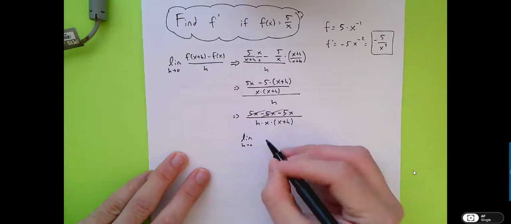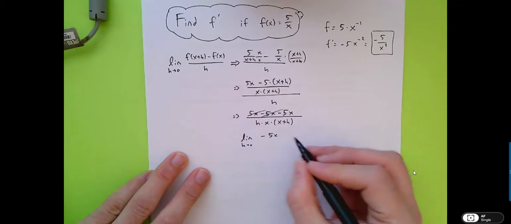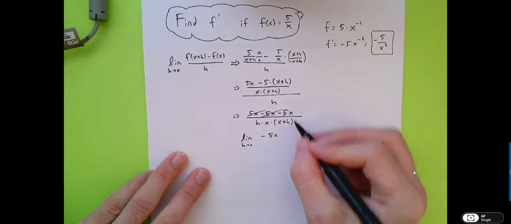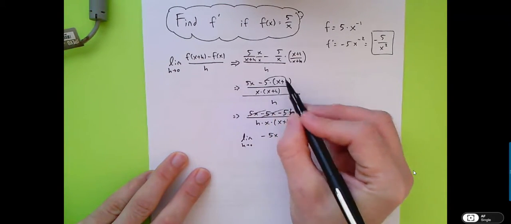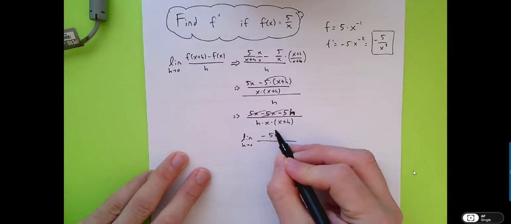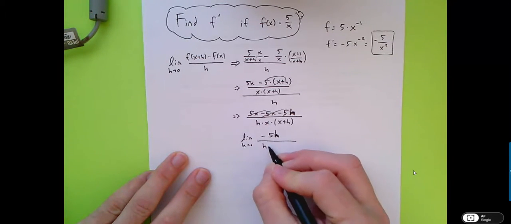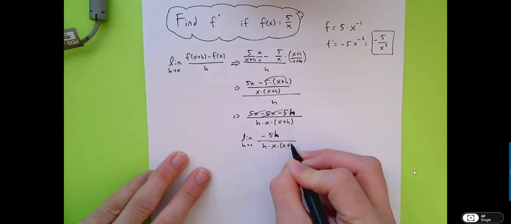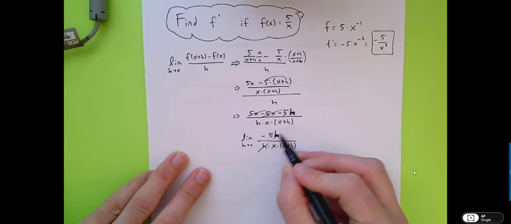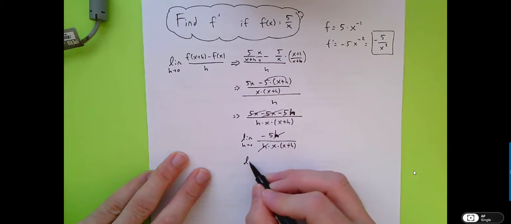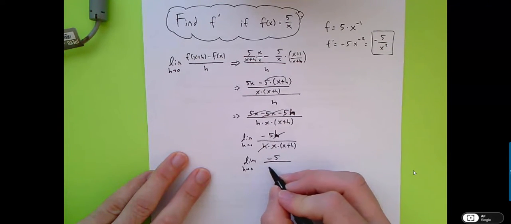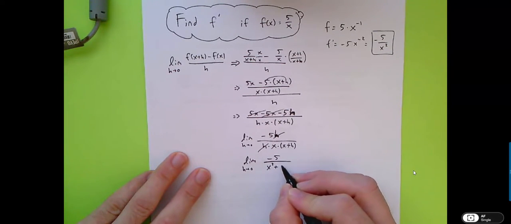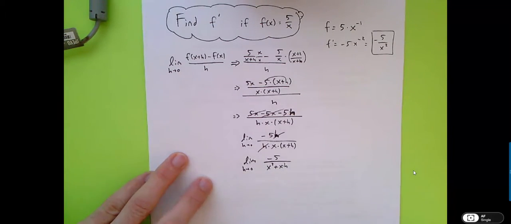So limit h approaches 0 of negative 5x. Oh, excuse me, this is negative 5h. There. All right, so negative 5h over h times x plus h. So now the h's cancel. So now I've got limit h approaches 0 of negative 5 over x squared plus x times h.